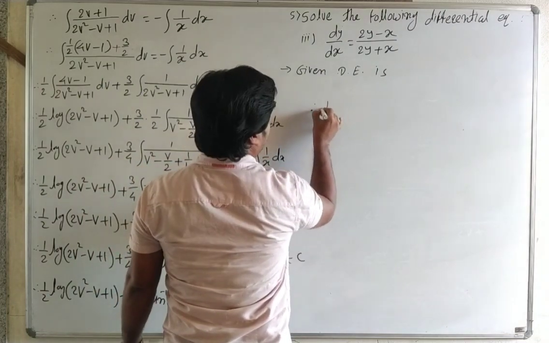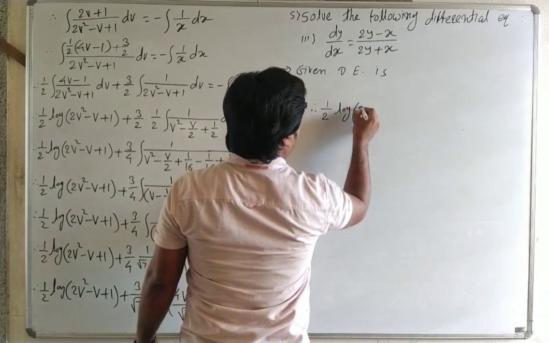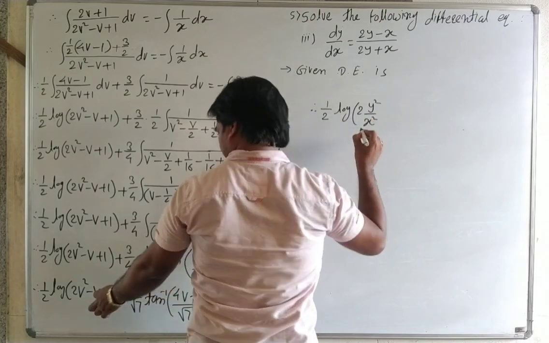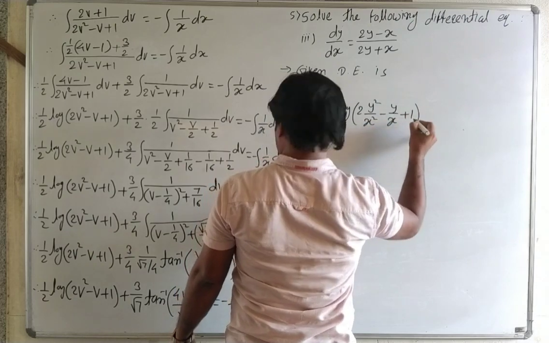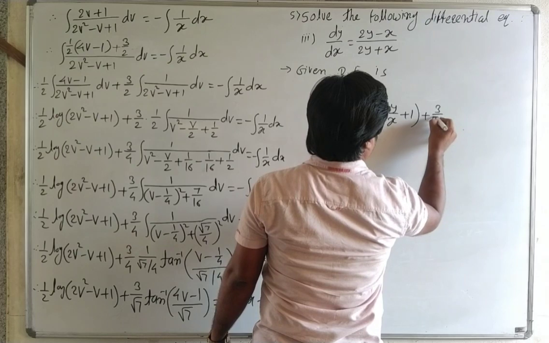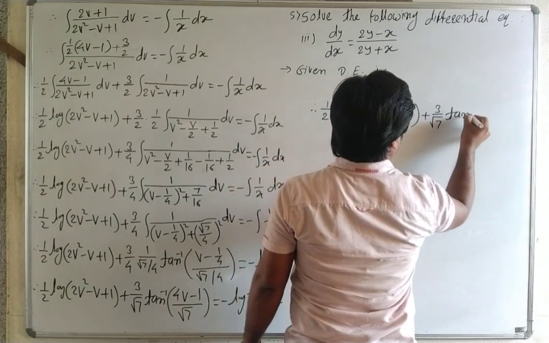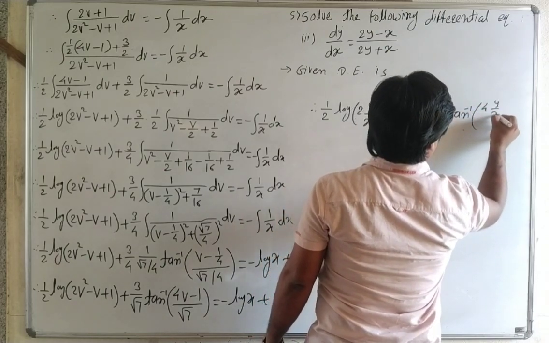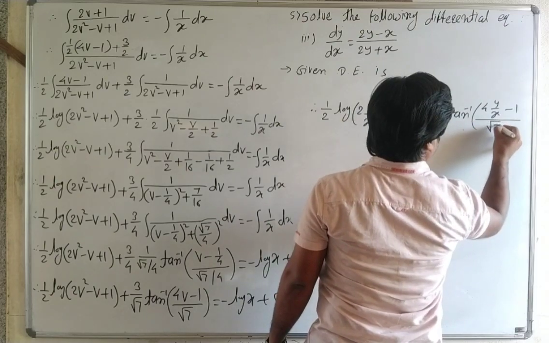1 by 2 log of 2 y square upon x square minus y by x plus 1 plus 3 upon under root 7 tan inverse 4y by x minus 1 upon under root 7.